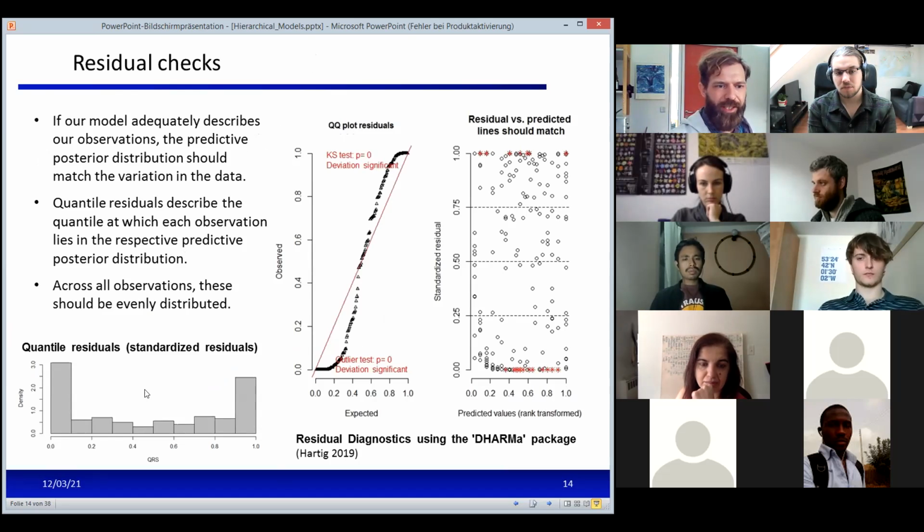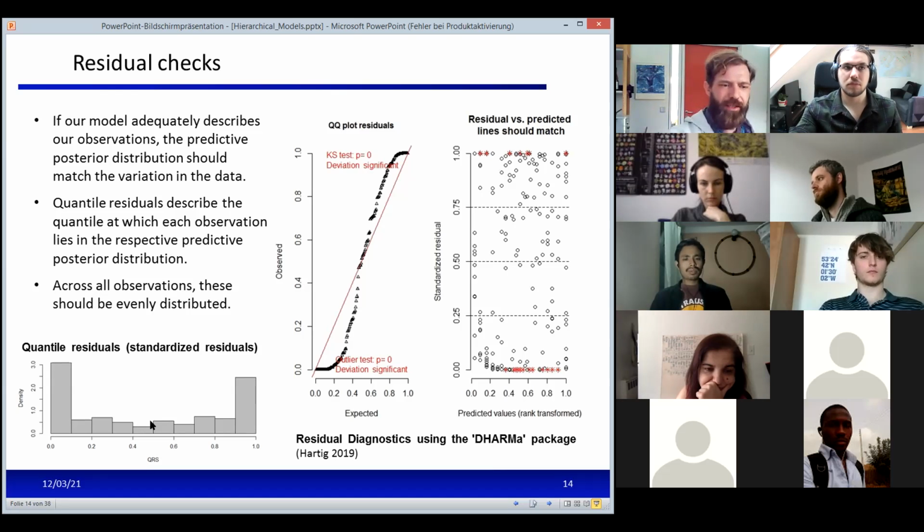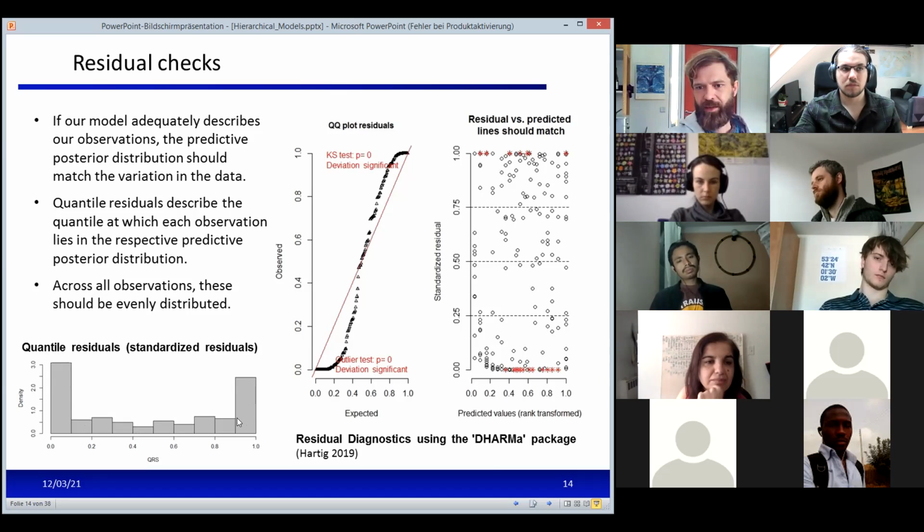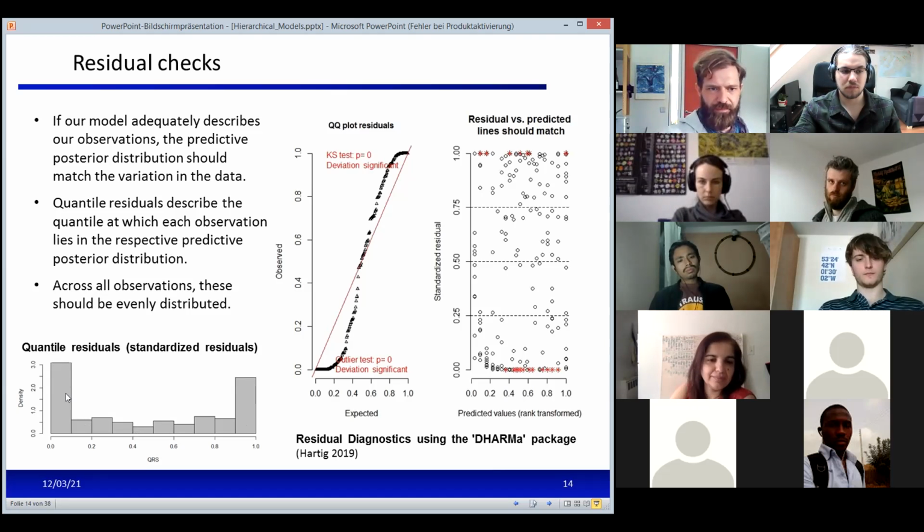So I should get the same amount of data points in the, say, lower 10% of these predictive posterior distributions as I would expect in the upper 90%, and also for the intermediate quantiles of this distribution. And if I do this for this model, I see that this is clearly not the case. Here we have much more of our observations lying in the extremes of the predictive posterior than we would expect if our model would describe the variation in the data adequately.